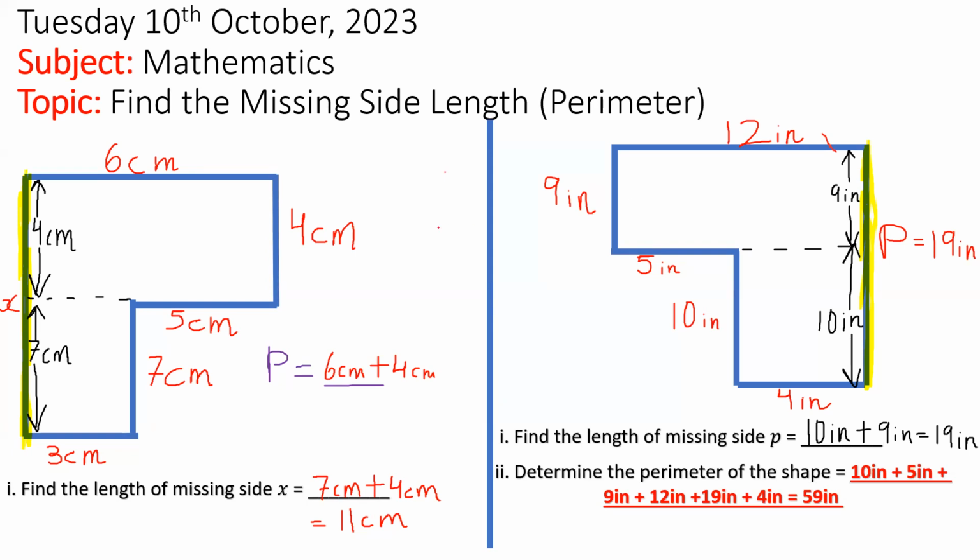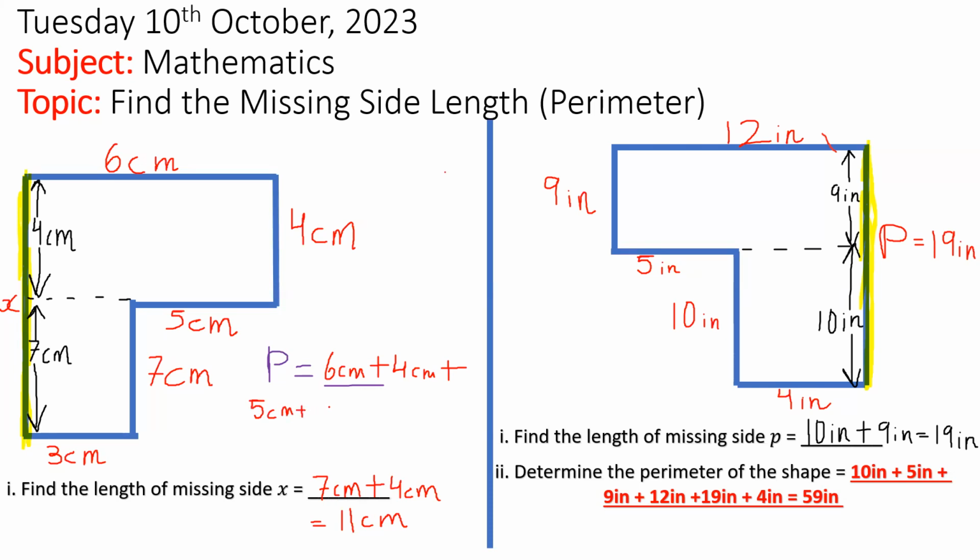Yes, sir. Can you hear me now? Okay. So I was saying, how did y'all get 36? We add 6, 4, 5, 7, 3, and 11. 6 plus 4 plus 5 centimeters plus what else?